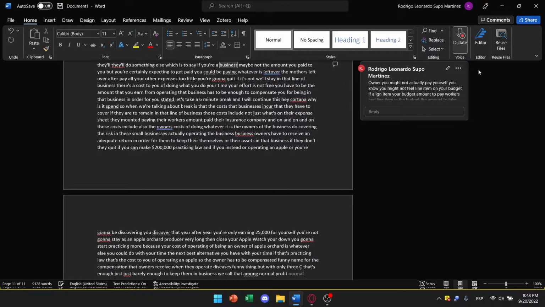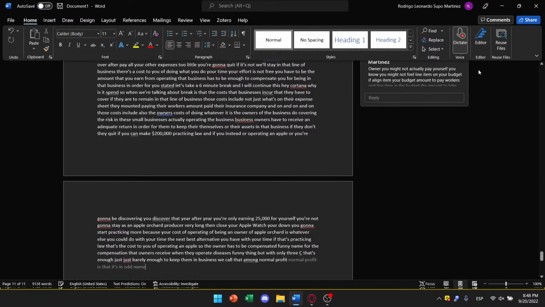Normal profit is an odd name. Normal profit is a cost to the firm. Normal profit is the cost that the owner of the firm, or the owners, incur in order to remain owners of the firm.